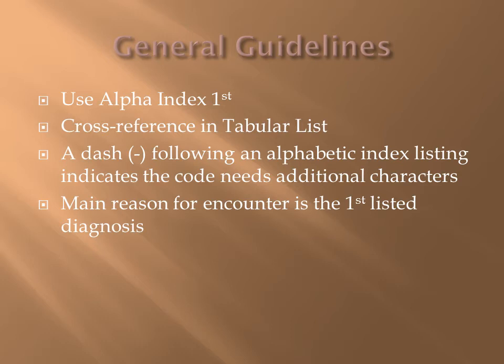Use the alphabetic index first. Cross-reference in the tabular list. A dash following the alphabetic index listing indicates the code needs additional characters, and the main reason for the encounter is always listed as the first listed diagnosis.